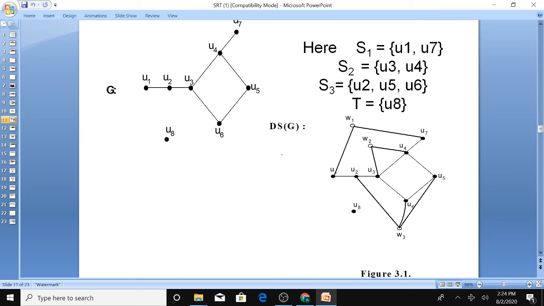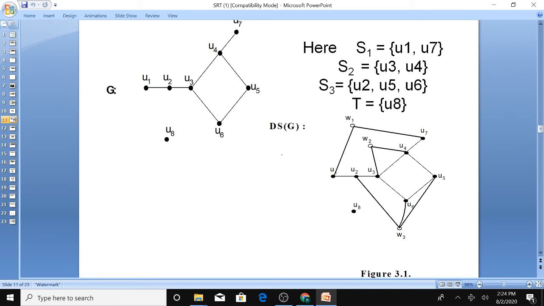Let us take the vertices of degree 2. Here U2 is a vertex of degree 2 and U6 is a vertex of degree 2 and U5 is a vertex of degree 2. So we add a vertex W3 to the vertices of degree 2, that is U2, U6 and U5.